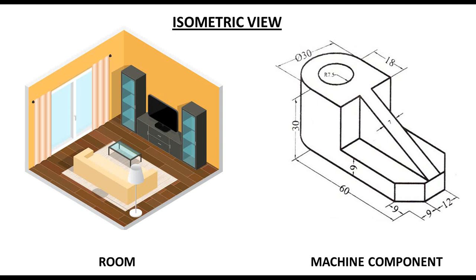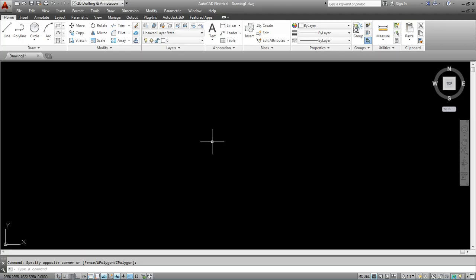So how to make isometric drawings in AutoCAD? Let's see. So now we are in AutoCAD. As you can see, our cursor looks like a plus sign. So it means we are in orthographic projections now.